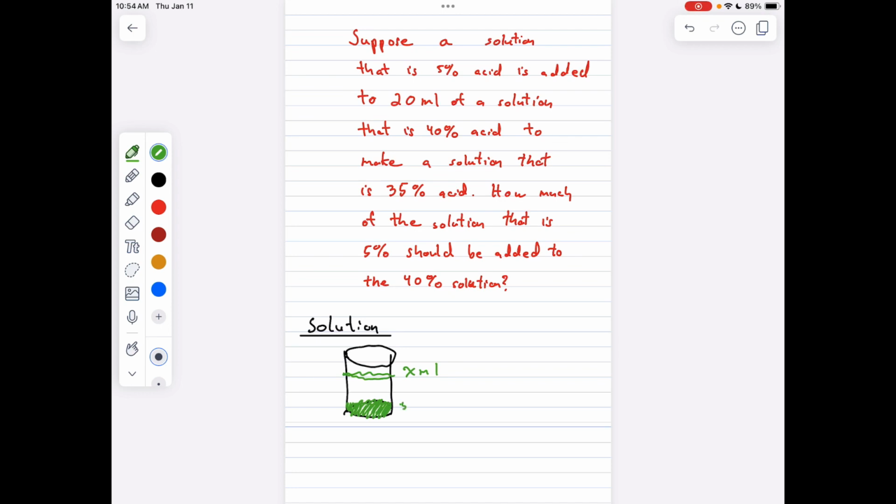So that's 5% here. And we're going to be adding it to the amount in another flask. This is 20 milliliters, and then 40% of that is acid.